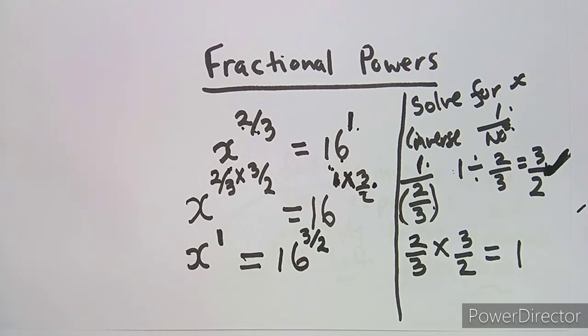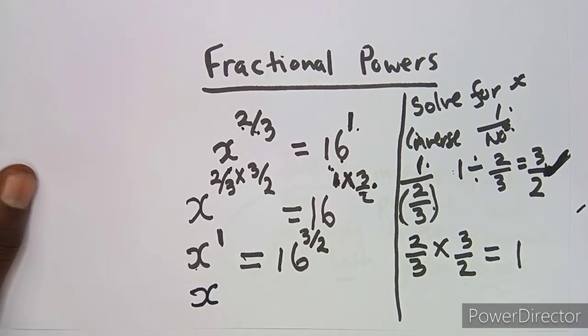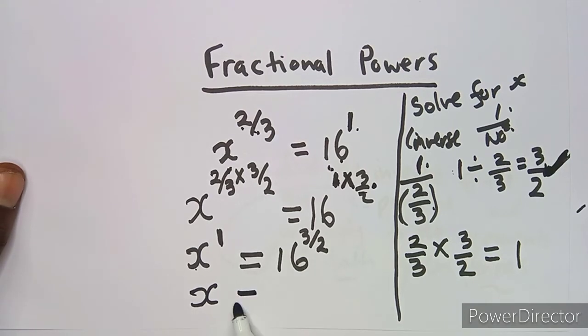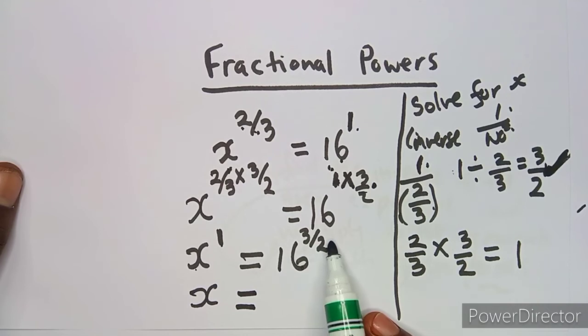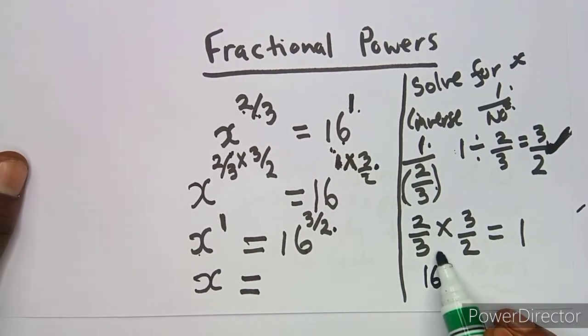So at this stage, what am I going to do? Remember, guys, what I want to solve. I want to solve for x. So x to the exponent of 1, already that's my x. So this x is equal to 16 to the exponent of what? 3 over 2, of which you can use your calculator: 16 to the exponent of 3 over 2.